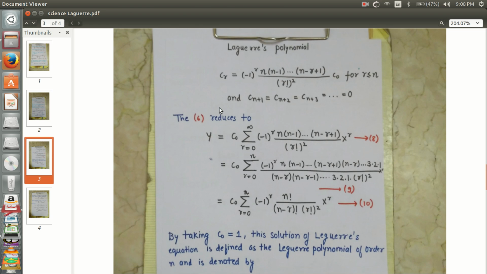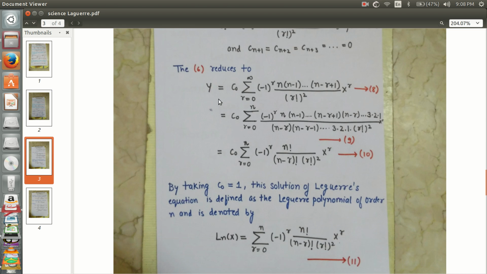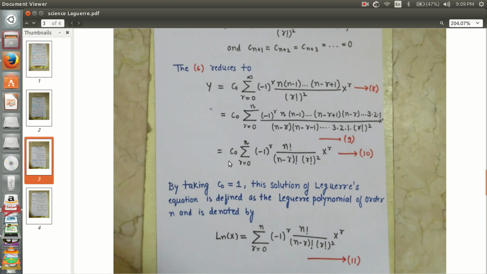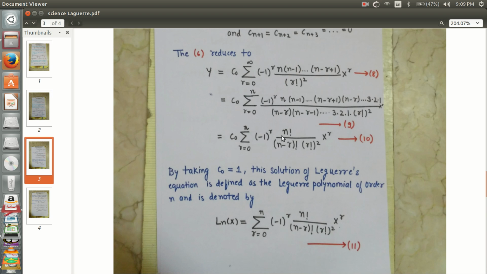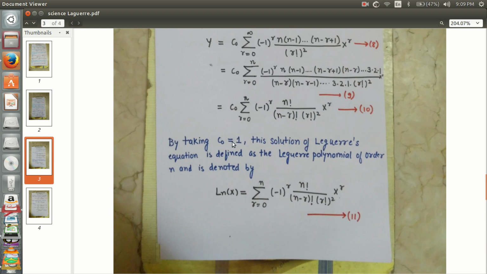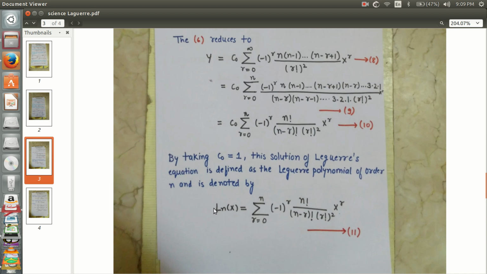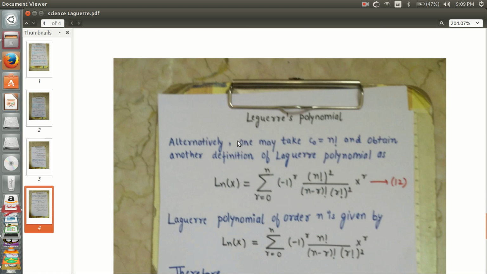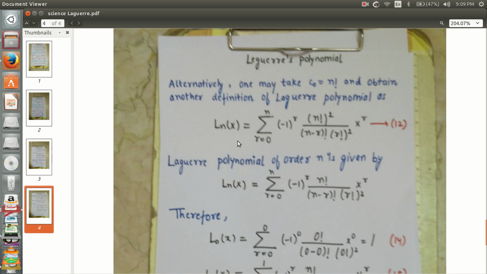So the equation 6 reduces to y equals c naught summation r equals 0 to infinity, and later we can simplify this to r equals 0 to n, because for r greater than n this term becomes 0. Further we simplify this to equation 10, and if we take c naught equals 1, then we get L_n(x) as this, and if we take c naught equals n factorial, we get L_n(x) as this equation.